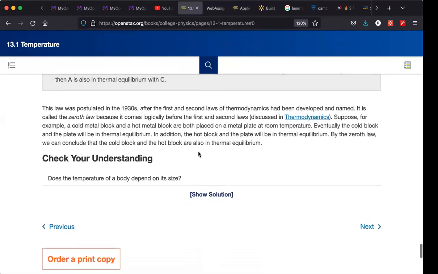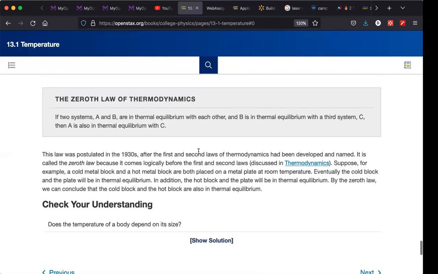So anyway, the 0th law says that if you have two things that are in thermal equilibrium, in other words, take two objects, put them in a room and let them come to the same temperature, and then you bring in a third object into contact with those two, and they're all in equilibrium, then the first object is going to be in equilibrium with the last one.